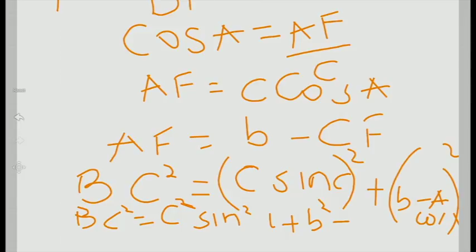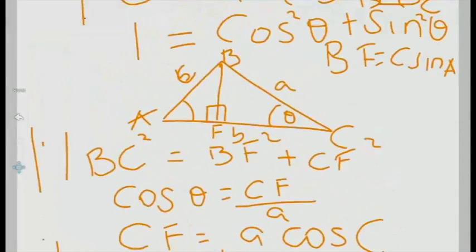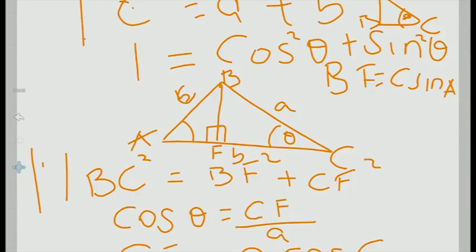So we have B times C cos A times 2, so it's minus 2BC cos A, plus cos squared A. Remember that sine squared plus cos squared is equal to 1.